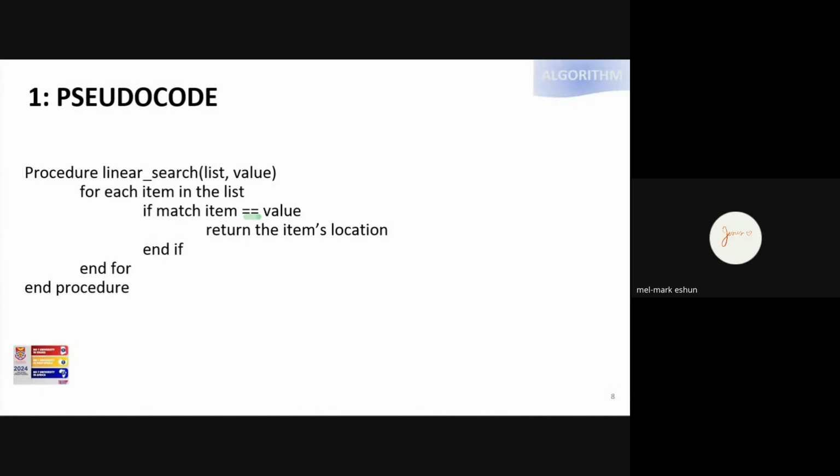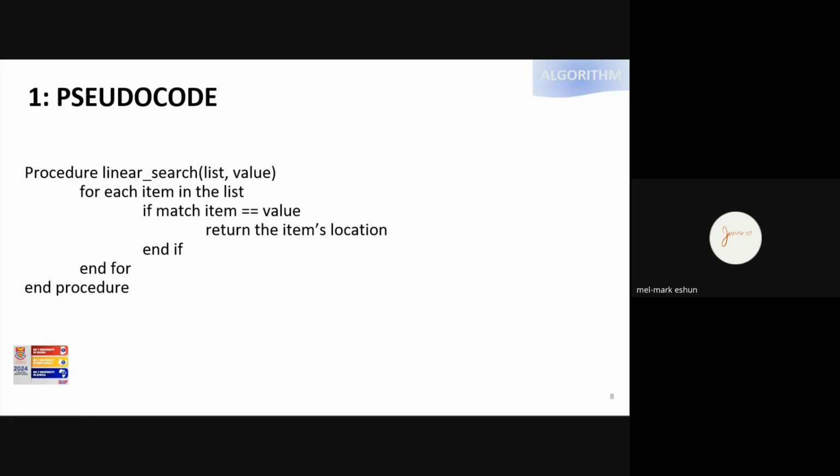Yes, the double equal sign checks for equality. You're not assigning any value, you're checking for equality. Is the left side the same as the right side? That is what you're doing. If you use a single equal sign, then you're assigning the value at the right to the item at the left.